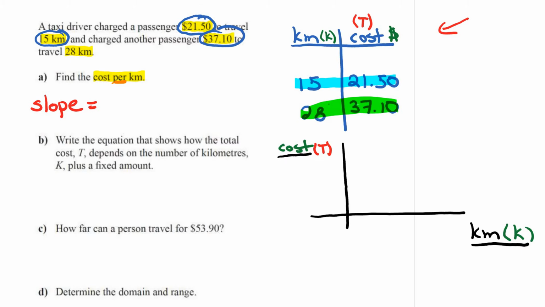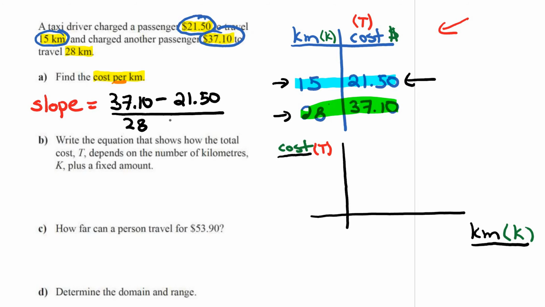In order to find the slope, it's rise over run, which is the difference in the y values divided by the difference in the x values. My first y value is $37.10, minus the other y value, $21.50, all divided by 28 minus 15.